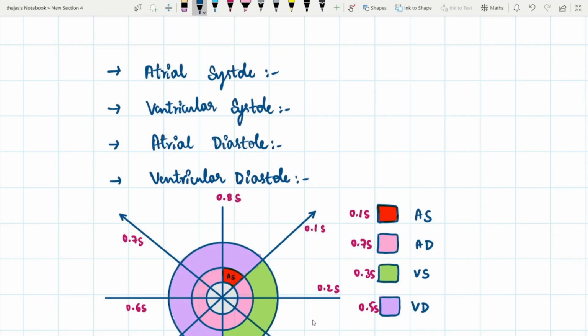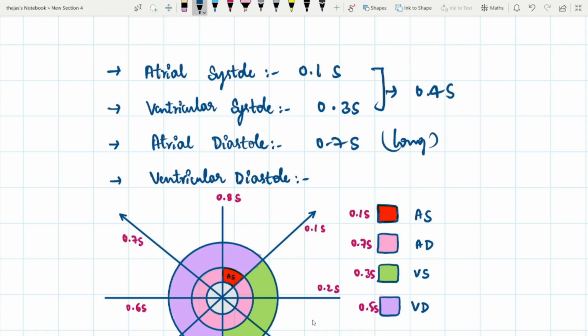The duration of atrial systole is around 0.1 second, and the duration of ventricular systole is around 0.3 second. The total duration of systole is 0.4 second. The duration of atrial diastole is 0.7 second long.